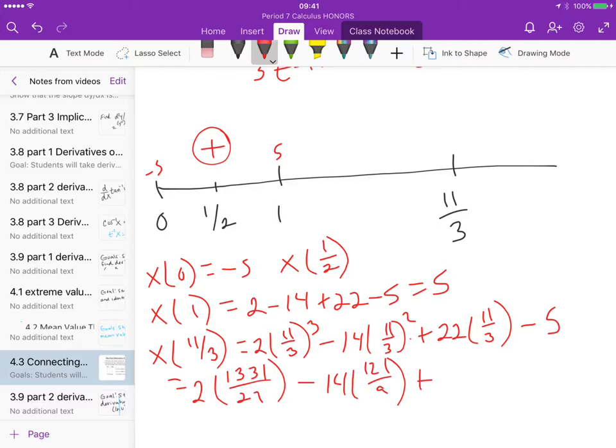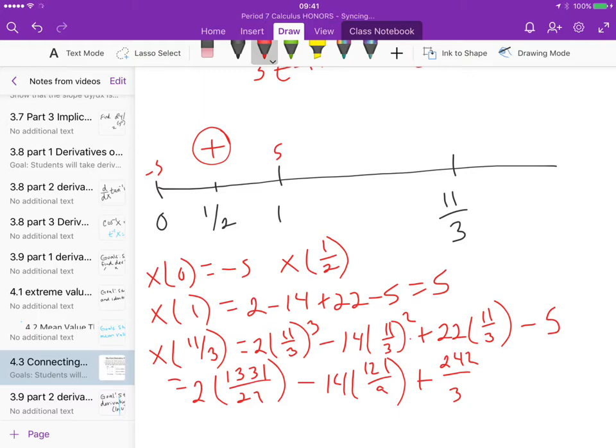And then plus 22 times 11 thirds. So 22 times 11 gives us 242. And that is not divisible by 3, so that doesn't help us out too much. 242 over 3.